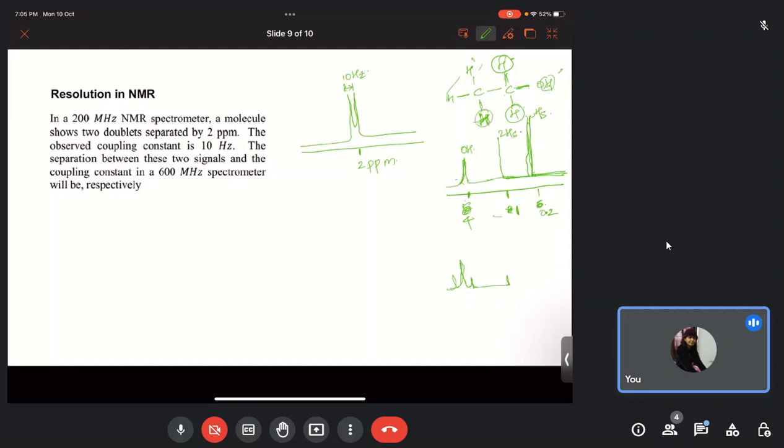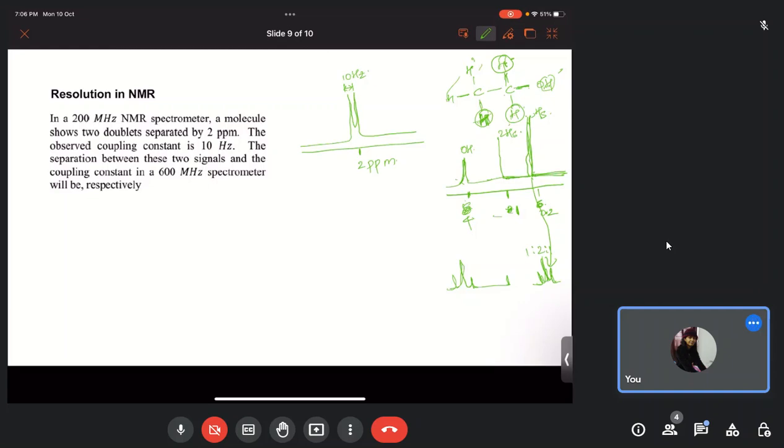And this proton has 2 neighboring protons, so it will split into a triplet in a 1:2:1 ratio.